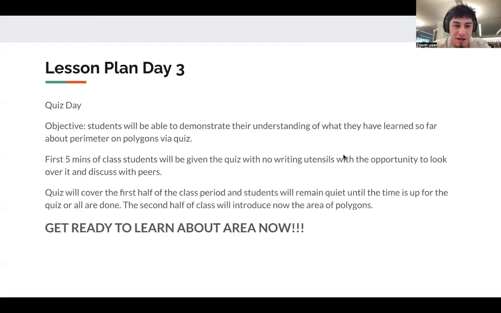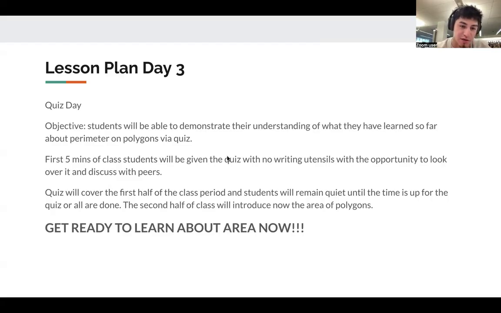And now, moving on to day 3 is going to come the part where we evaluate. So it's a quiz day, and the objective would be the students will be able to demonstrate their understanding of what they have learned so far about perimeter and polygons via quiz. So the first 5 minutes of class, students will be given the quiz, no writing utensils, with the opportunity to look over it and discuss with peers.